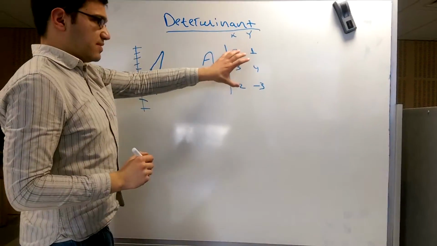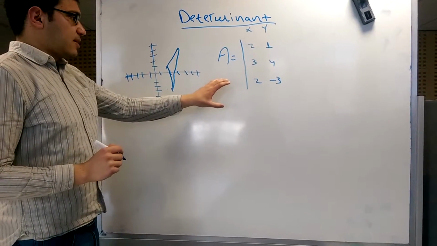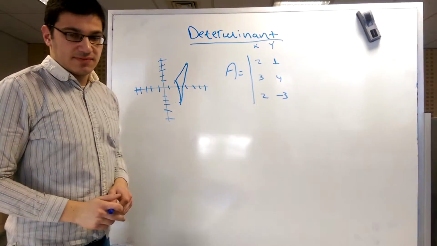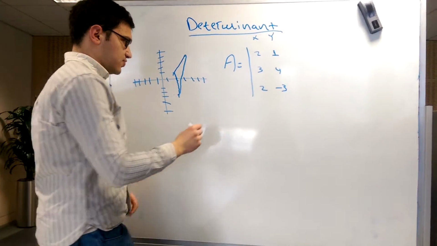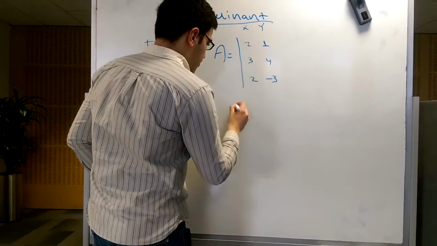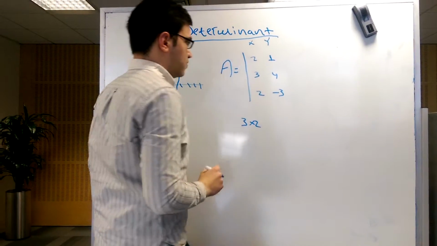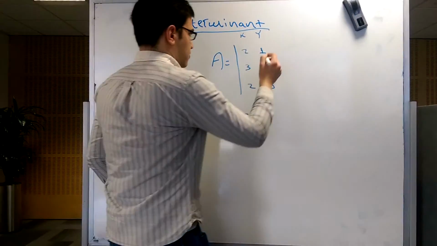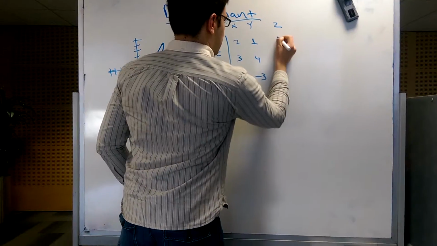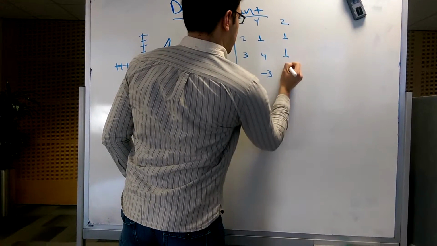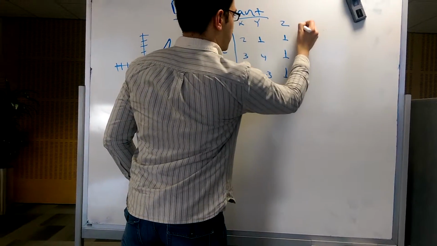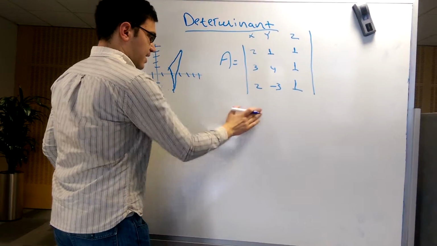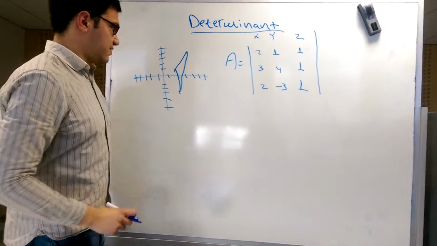However, this matrix as it is cannot calculate any determinant because it's not a square matrix. At the moment we have a 3x2 matrix. We have to make it a 3x3 matrix. So we add in that column 1, 1, 1 in order to make it a 3x3 matrix and enable the calculation of determinant.